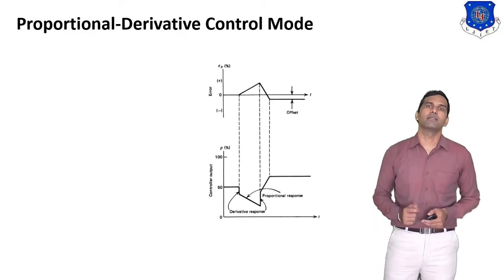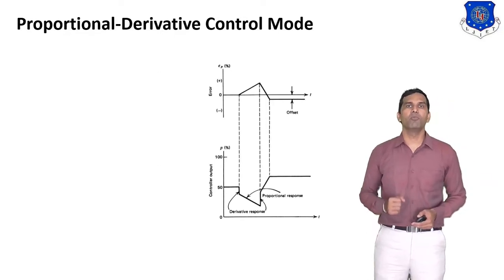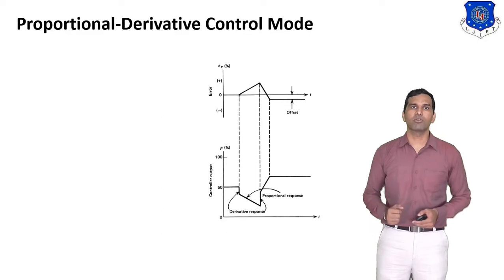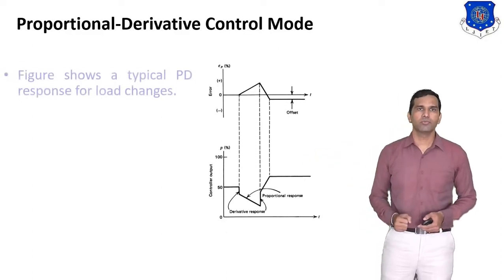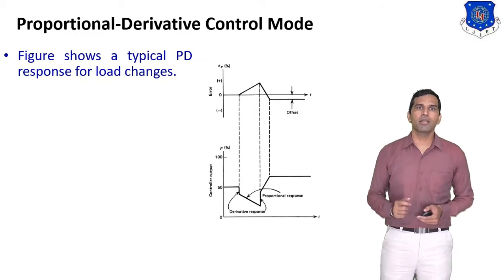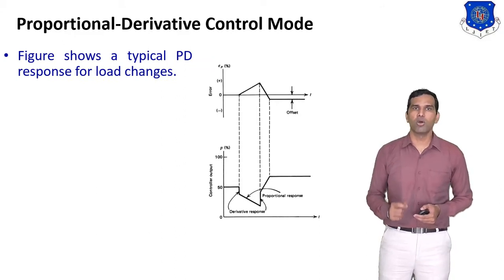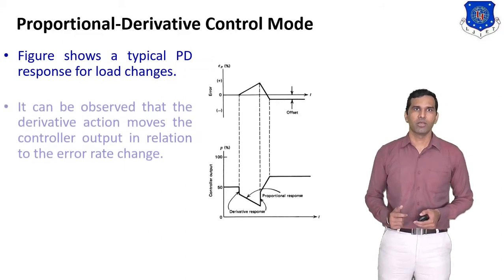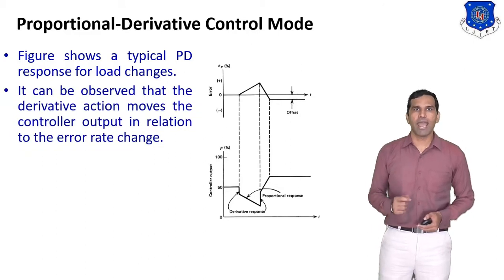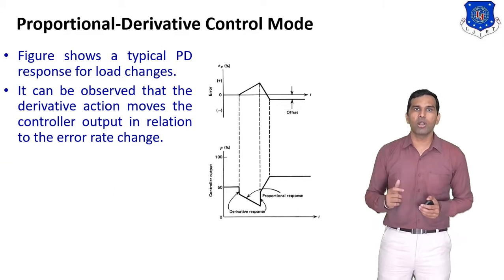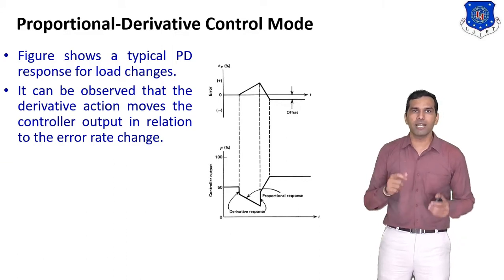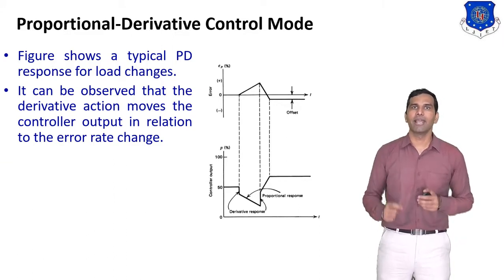Now we understand the operation of this PD mode for the proportional plus derivative controller with the help of this figure. So here the figure shows a typical PD response for the load change. It can be observed that the derivative action moves the controller output in relation to the error rate change.